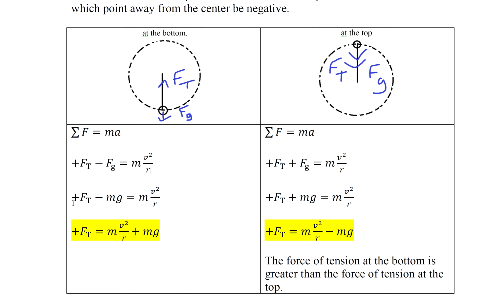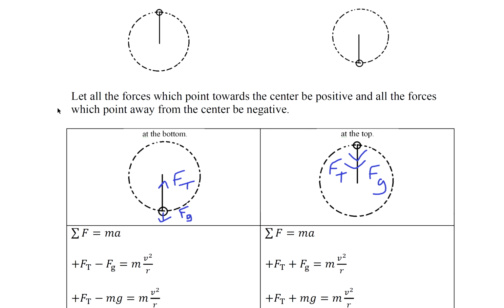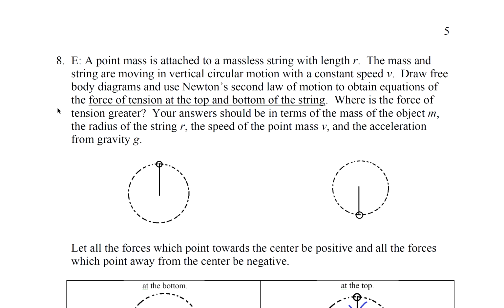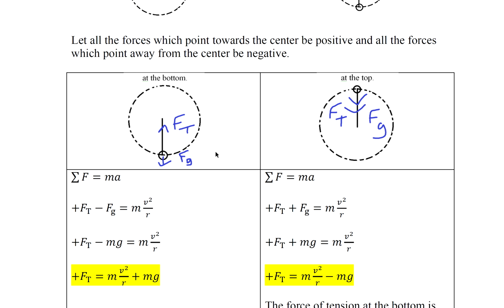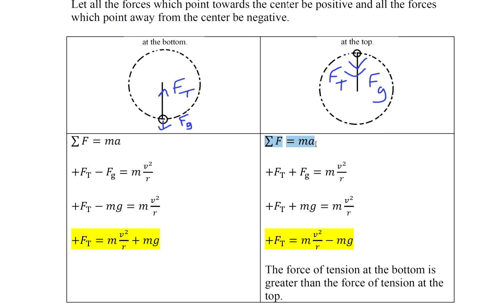So we obtain this equation here, and we solve for force of tension. So remember, this problem is telling us that this object is moving in a vertical circle with a constant speed. So, at the top, sigma F equals ma. Sigma F is force of tension plus force of gravity.